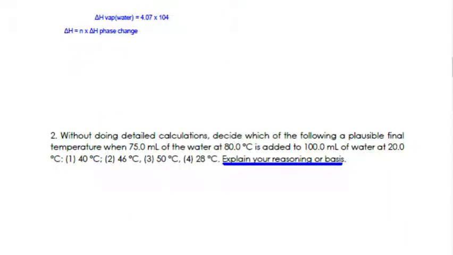And then in number 2, as mentioned there, without doing a detailed calculation, but of course it's up to you. If you want to do the calculation, you may do so. And then explain your reasoning or basis of answer.